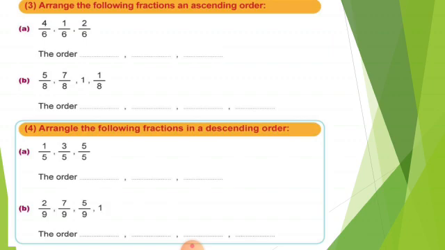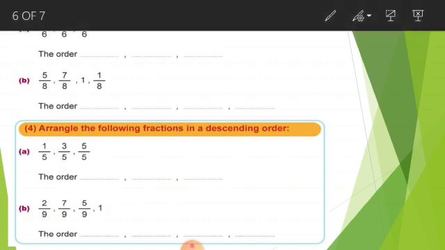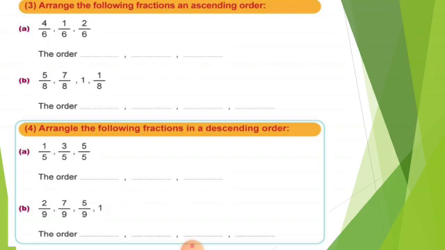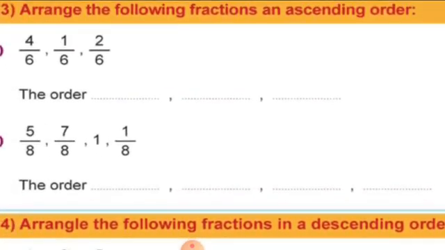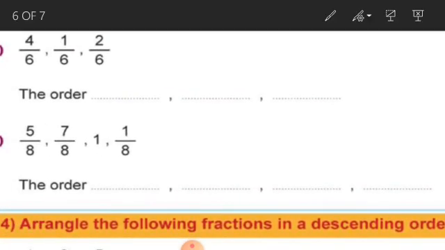Arrange the following fractions in ascending order. We must make sure we have the same denominator. Here we have the same denominator, 6, in the bottom place.